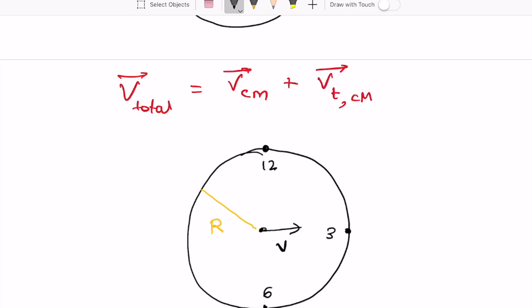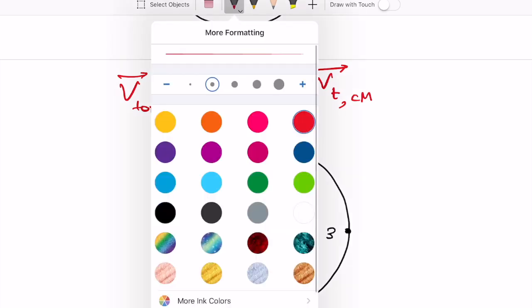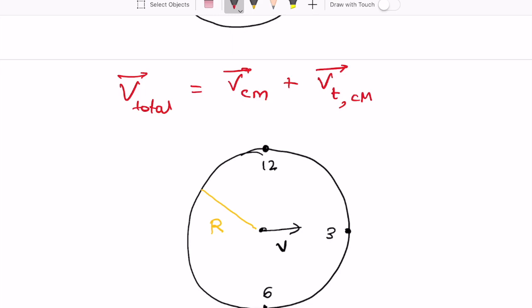The 12 o'clock point has two velocities. One comes from the fact that the whole thing is moving with velocity V. So one velocity is just the velocity V. Another velocity that it has is its tangential velocity relative to its center, right?